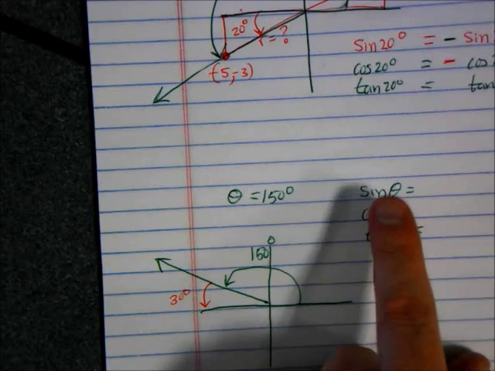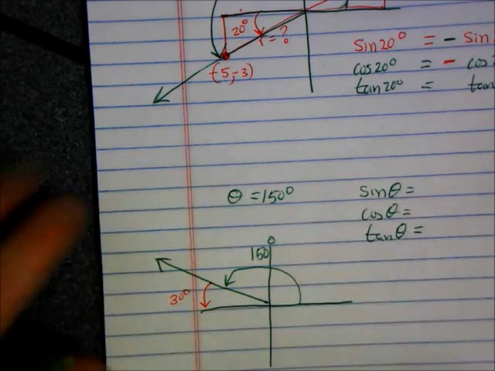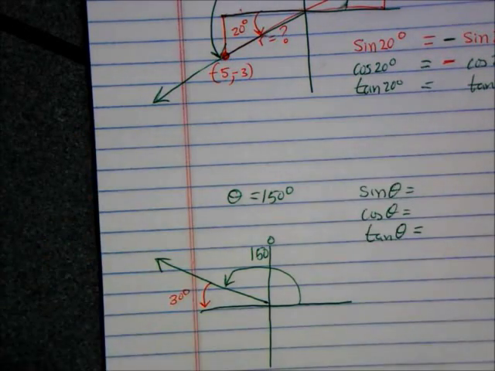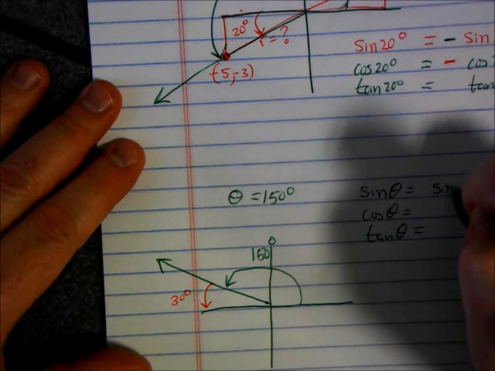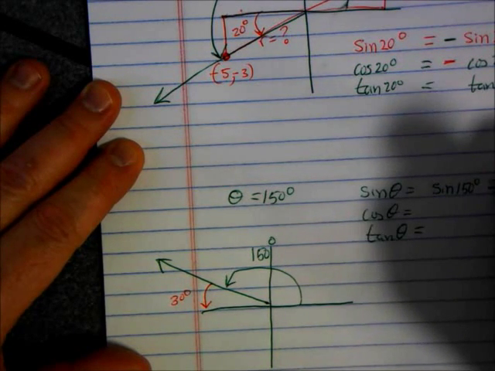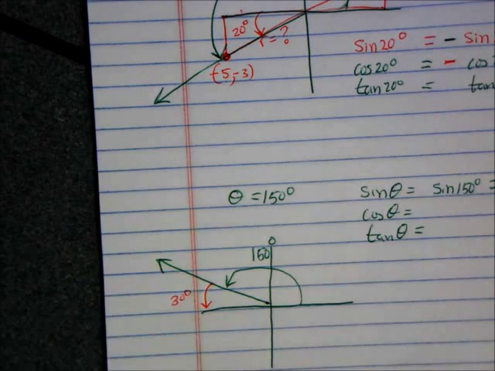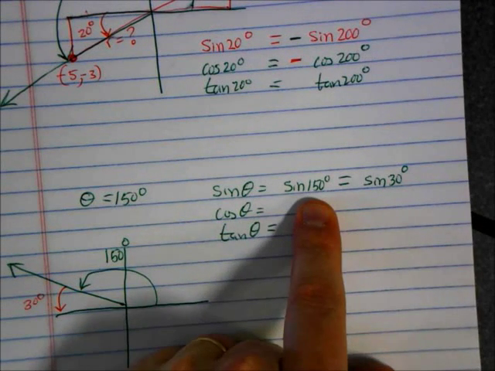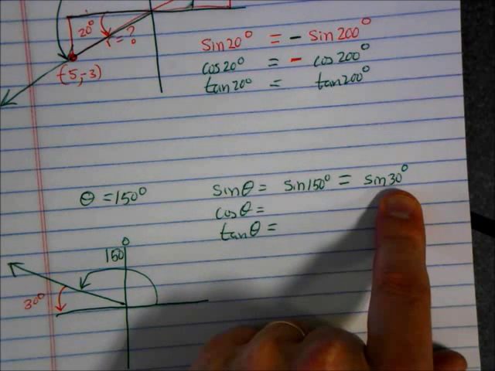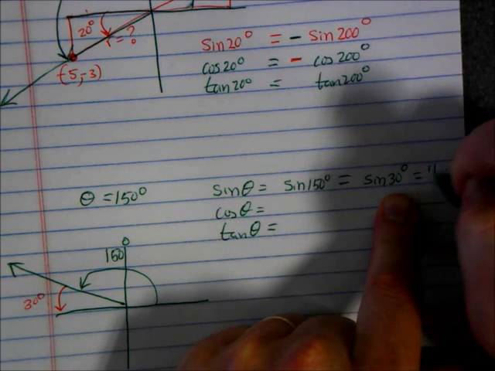So the sine of 150 degrees is exactly equal to the sine of 30 degrees, except I might need to be careful of pluses and minuses. In quadrant number 2, is sine positive or negative? Positive. So it's exactly equal to, isn't it? What's the sine of 30 degrees? 1/2 is the correct answer.